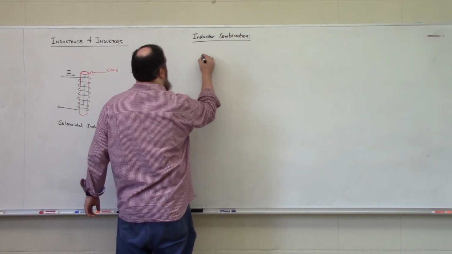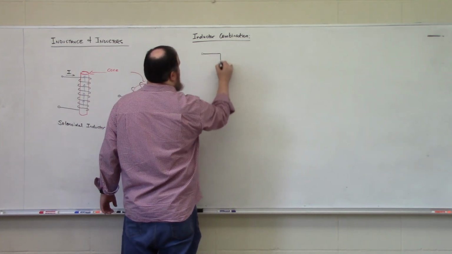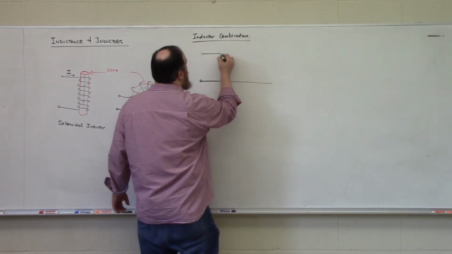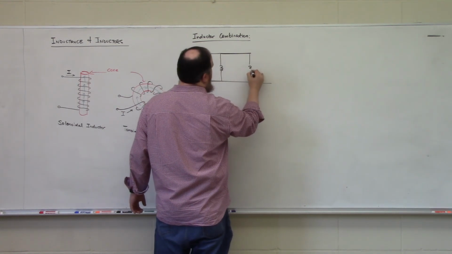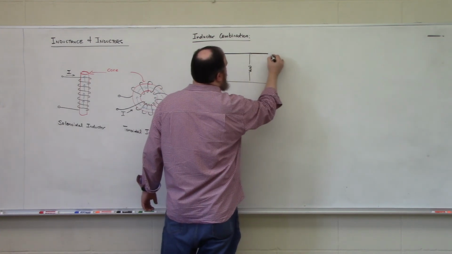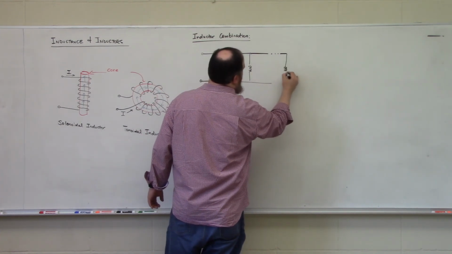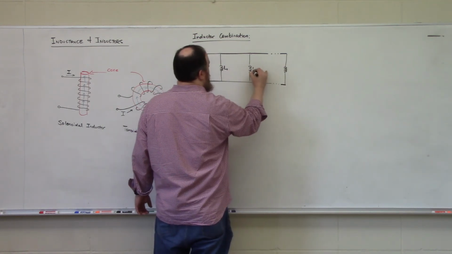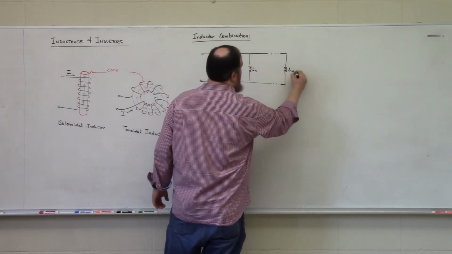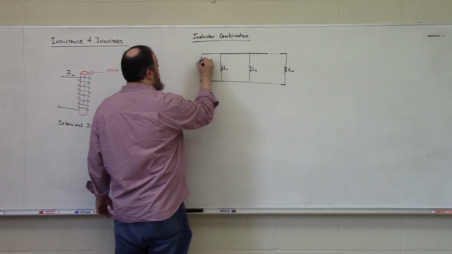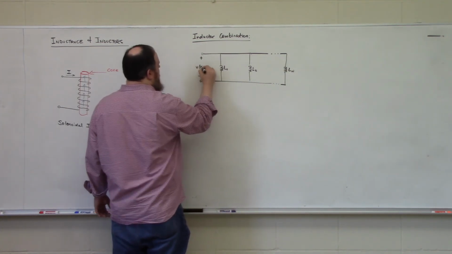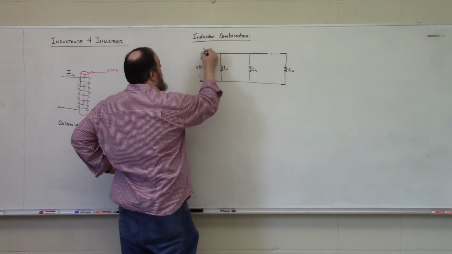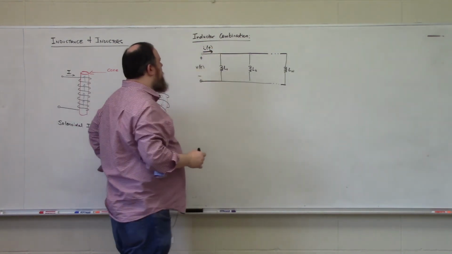If we have n inductors connected in parallel, L1, L2, all the way out to Ln, there is a voltage V of t over the parallel network. There is a current I of t flowing into the parallel network.